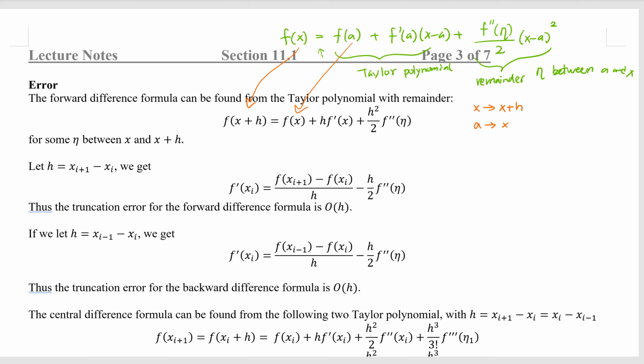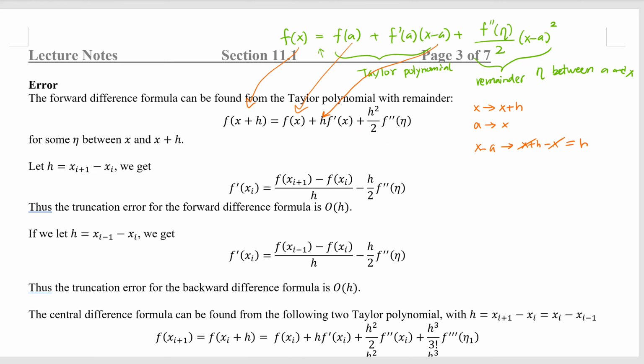Now what is h? You can see x minus a is just x plus h minus x. They cancel out. It's just h. So x minus a becomes h. So far so good, everybody? And then this is h squared over 2, and then f double prime of eta. Okay, so we get this from the Taylor polynomial with remainder.